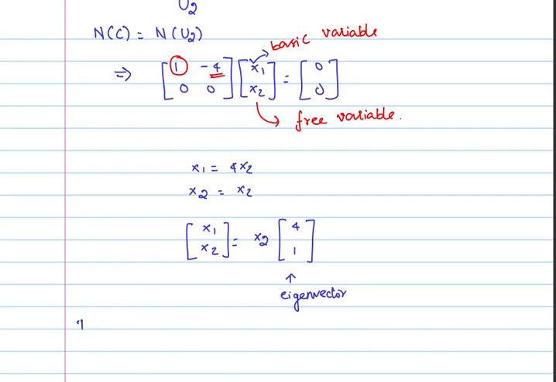Thus [4, 1] is the eigenvector of A for lambda equal to 2.